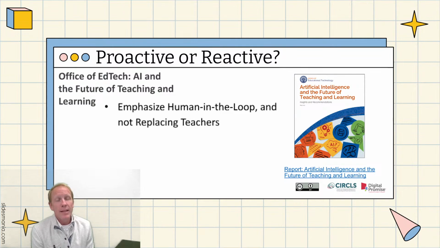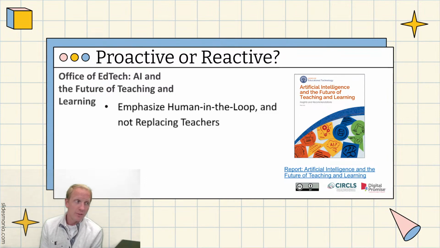And their main three takeaways were, number one, when we think about AI, specifically generative AI, but also all AI more broadly, we need to make sure that humans are in the loop and we're not thinking about these tools replacing educators.